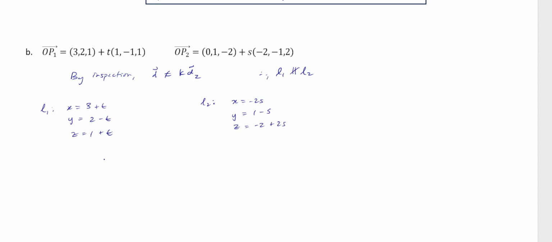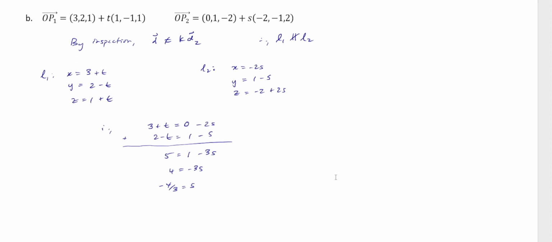Okay, so what I'll say is therefore 3 plus t is equal to, and then there's no constant value here, so I'll just say 0 minus 2s. And then over here, I'll say 2 minus t is equal to 1 minus s. And now I can add these equations. So then I get 5 is equal to 1 minus 3s. Okay, and then I get 4 is equal to -3s, and -4 over 3 is equal to s.